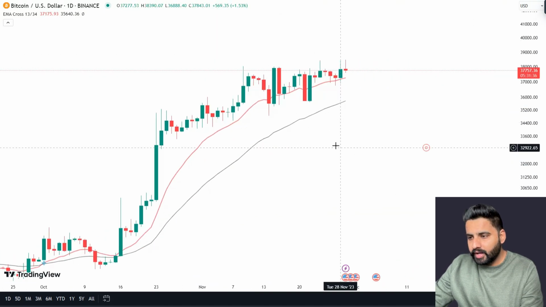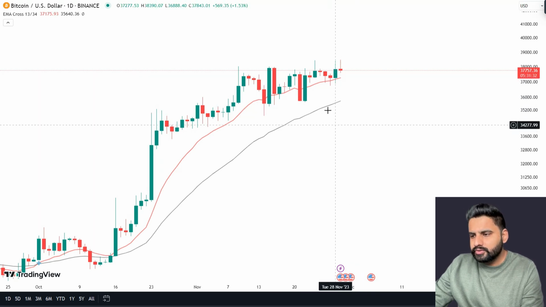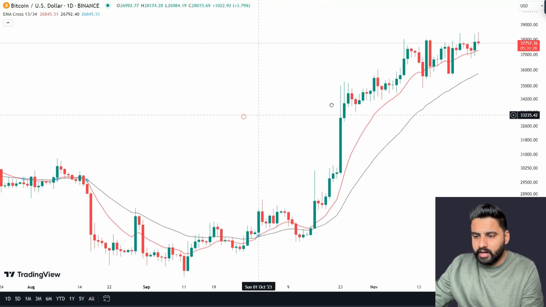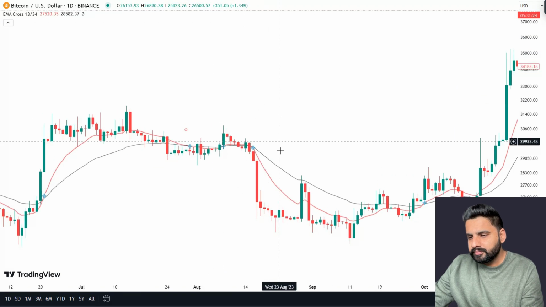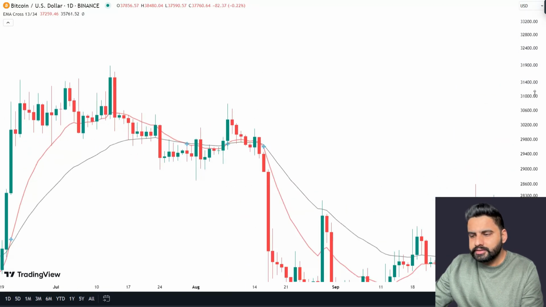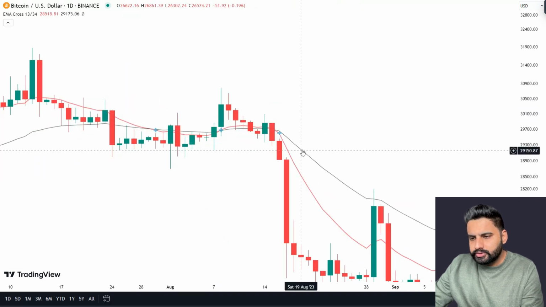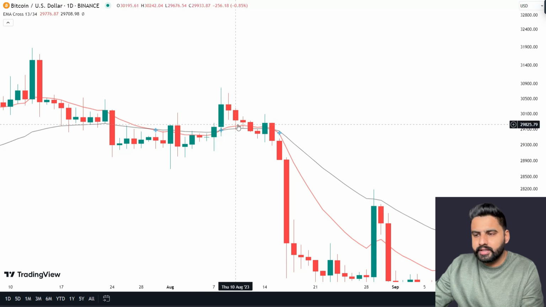And again, to exit the Bitcoin, we just need to wait for the crossover. Once there is a crossover, we mark that candle as a signal candle, and then again we just execute our trade. Now I want to show you some more. Here EMA 13 is crossing the EMA 34, right?